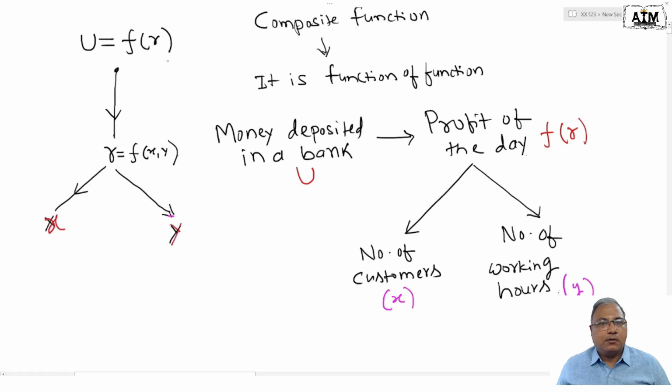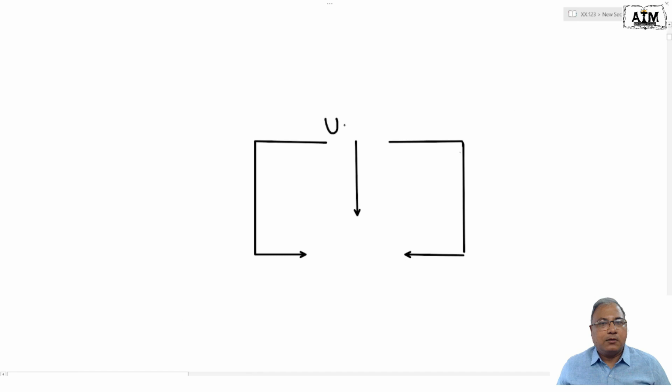So u depends upon f of r, and r depends upon two variables x and y. So this type of function is nothing but called composite function. So u is a function of r, and again r is a function of x, and again r is a function of y.